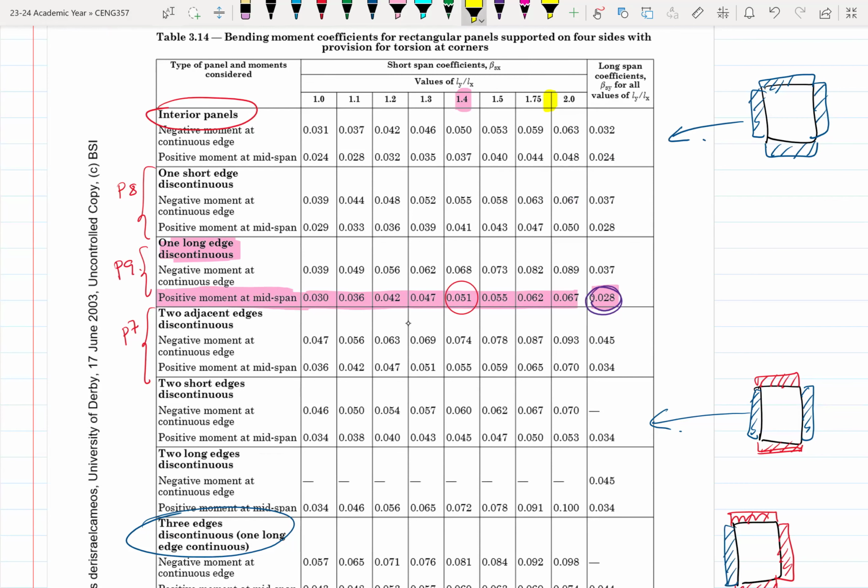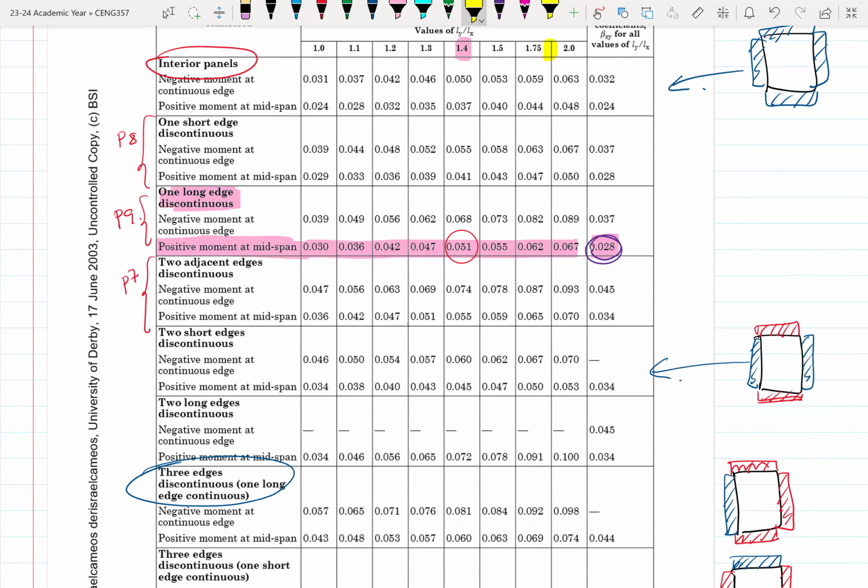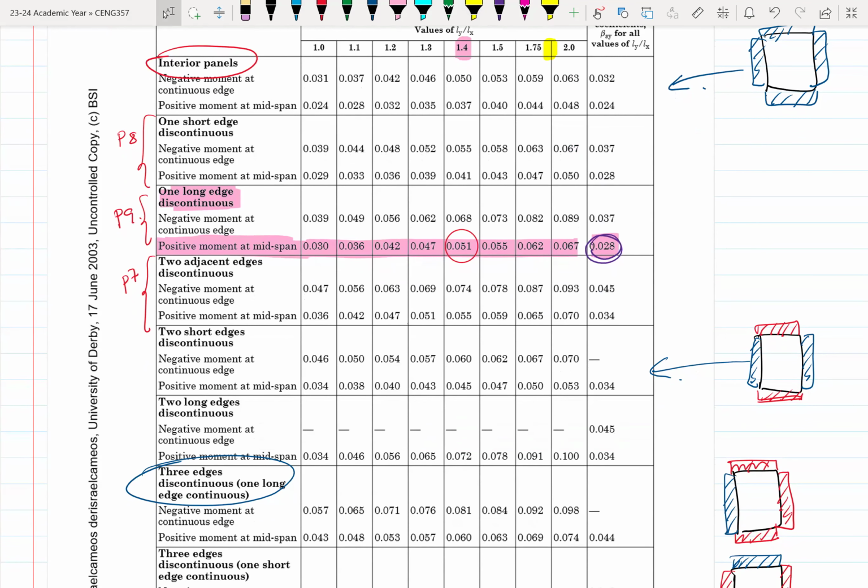We are looking at two adjacent edges discontinuous, so we will focus on this value right here. Again, it's the mid-span moment. You do the interpolation and find some value in between the two. This gives us our BXX, and this will be our BXY.